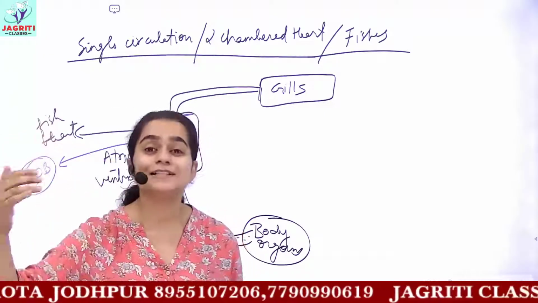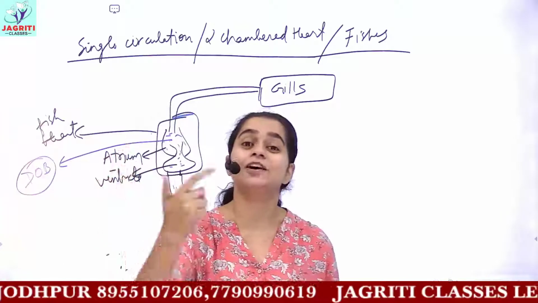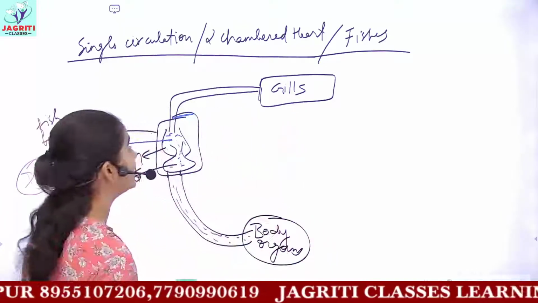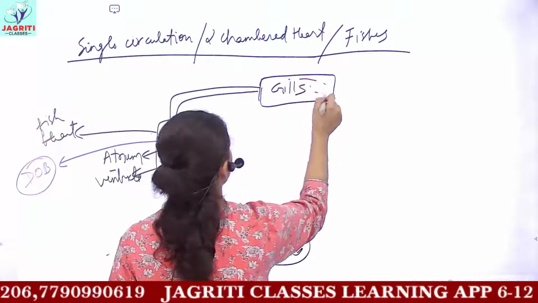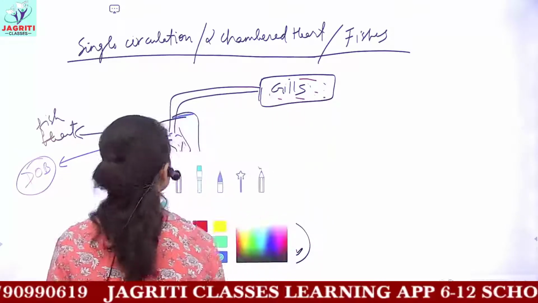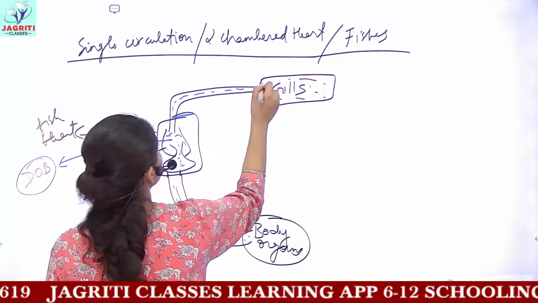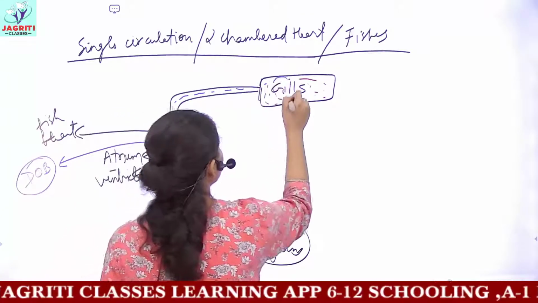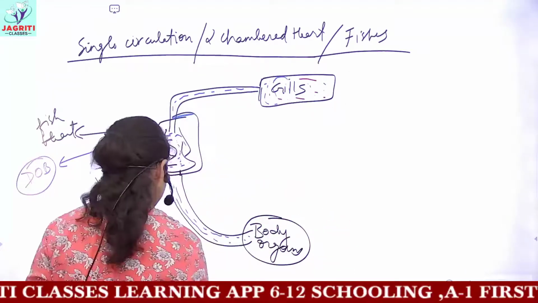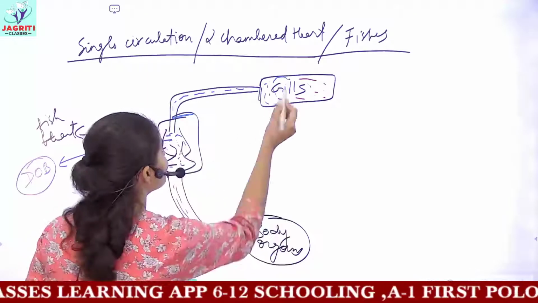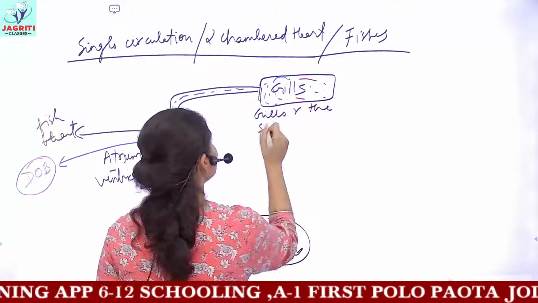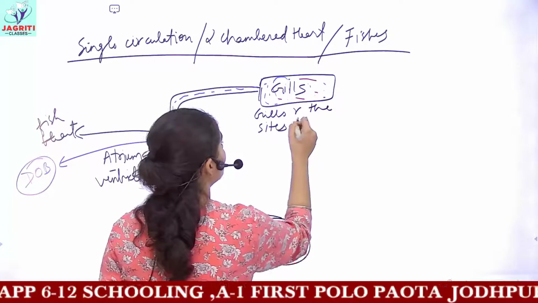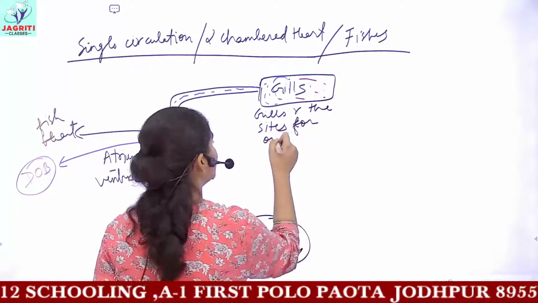From the dissolved oxygen content in the surrounding water environment. So in these gills, purification of blood occurs. That is, the deoxygenated blood gets converted into oxygenated blood. So gills are the sites for oxygenation of blood.